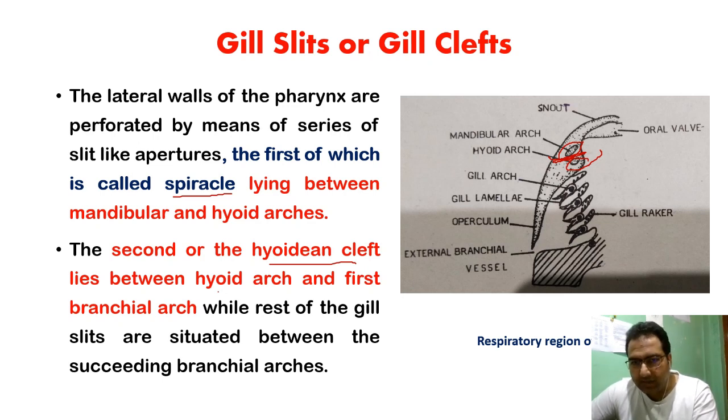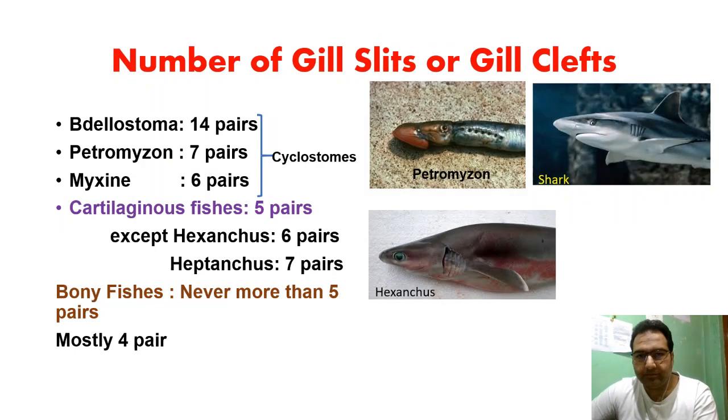The second gill cleft is called the hyoid gill cleft. So this is the first branchial arch, and this is the first gill lamellae. Between the hyoid arch and the first branchial arch, the first gill slit is present, while the rest of the gill slits are situated between the succeeding branchial arches.